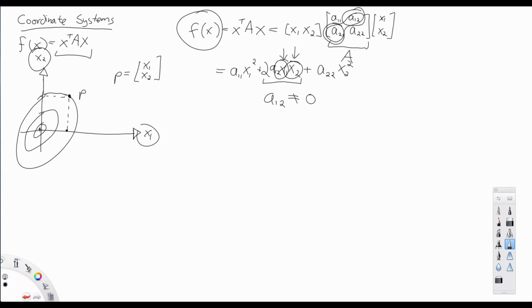So if I go back over here and I think of these level sets as a set of aligned ellipses, then if I were to draw the direction of their major axes and their minor axes, those directions are not going to be aligned with x1 and x2. So that's the case when we have any off-diagonal terms that are non-zero. We're going to have this sort of rotation between the coordinates and the directions of the minor and major axes.